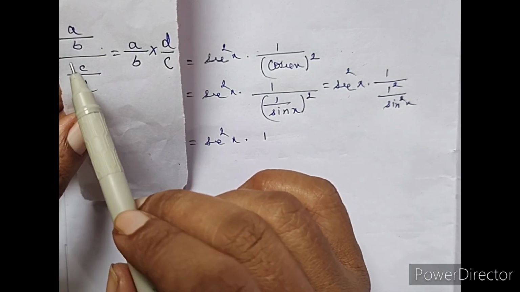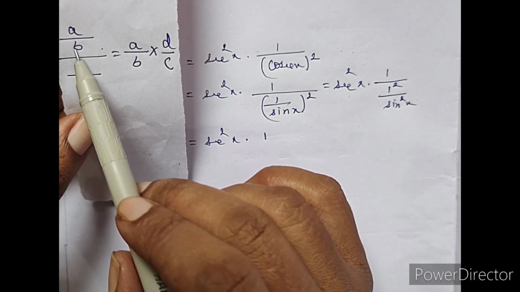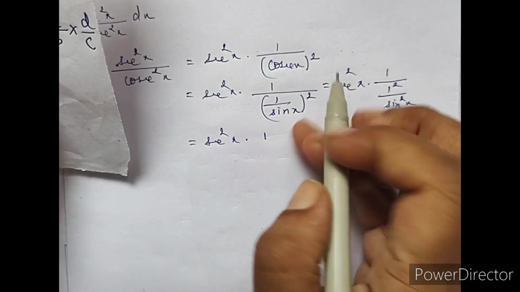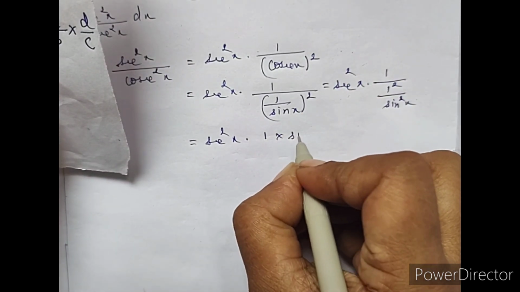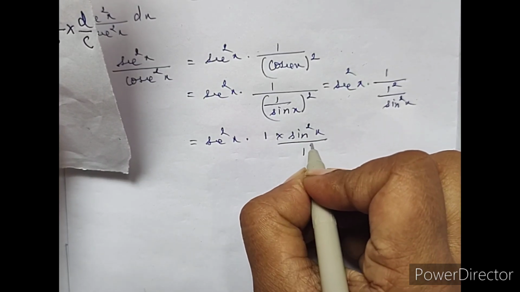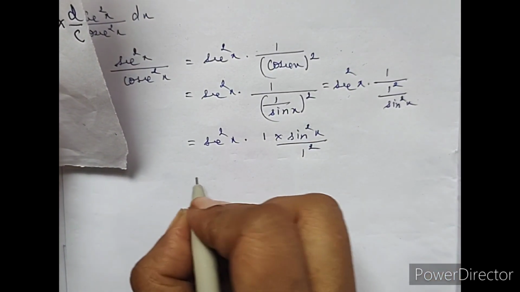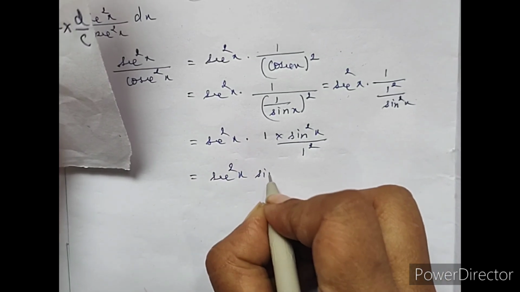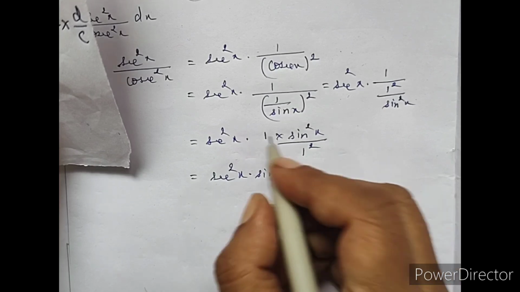If the numerator doesn't have any denominator, I can consider it as 1 by 1. So it is 1 by 1 into, in the place of d, sin square x divided by 1 square. So you get secant square x into sin square x.